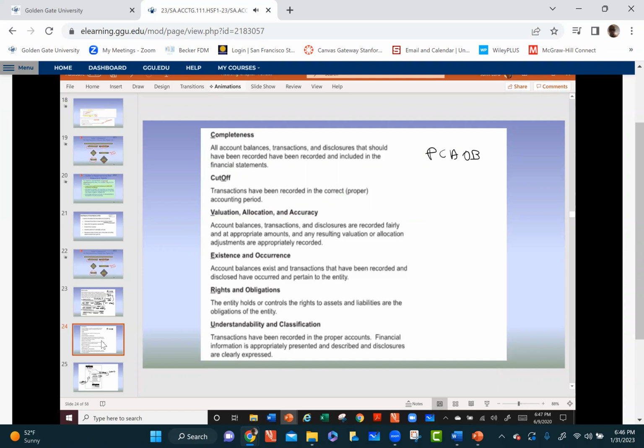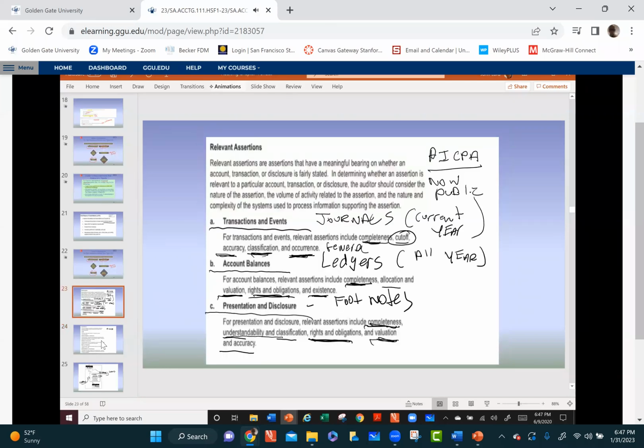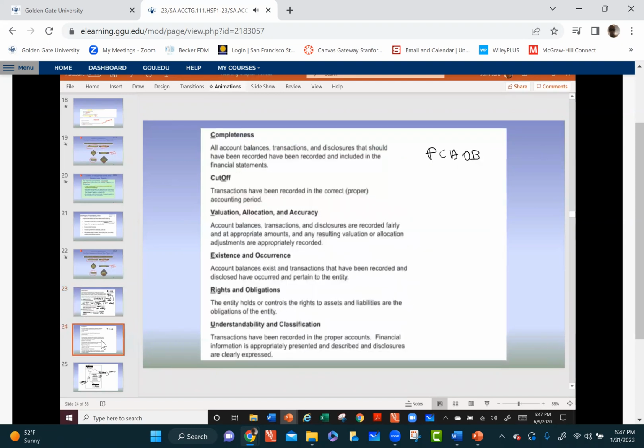For example, notice that the AICPA does, I should say, call out cutoff, okay? And so they sit here and they have cutoff here, okay? Completeness, valuation, allocation, accuracy. So just some slightly different ways of looking at these, but very, very similar.